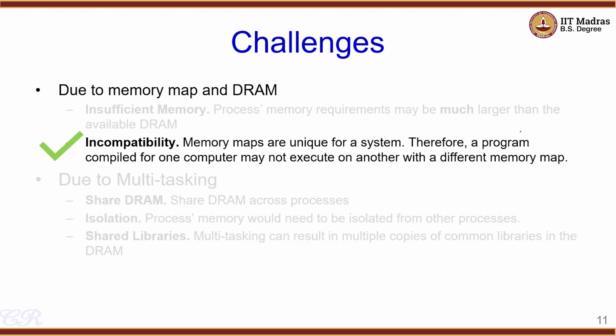Now, let's see how this benefits us. The thing we take care of with this is the aspect of incompatibility. With this concept of virtual address space, we are able to handle the incompatibility issue. When a programmer writes code and compiles it, the compiler generates an executable assuming that the region of memory the program would execute in ranges from 0 to 2 power 32 minus 1.